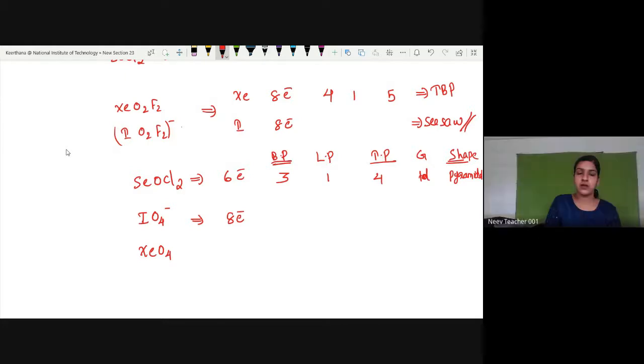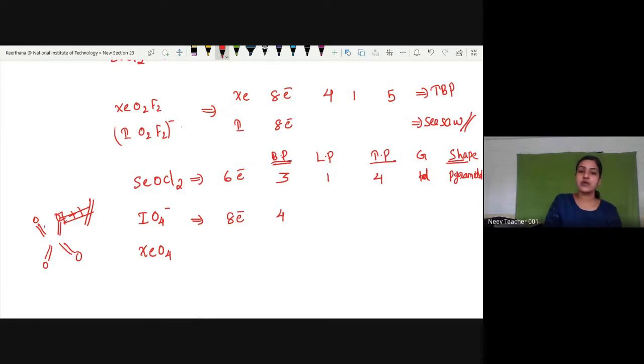Yes, ma'am. 7 electrons are there, since there is a negative charge, so plus 1. So 8 electrons. And what is the number of bond pairs? It is 4. 4 double bonds are forming, 4 oxygen, 4 double bonds. So 8 electrons are needed for the formation of 4 bonds with 4 oxygen.